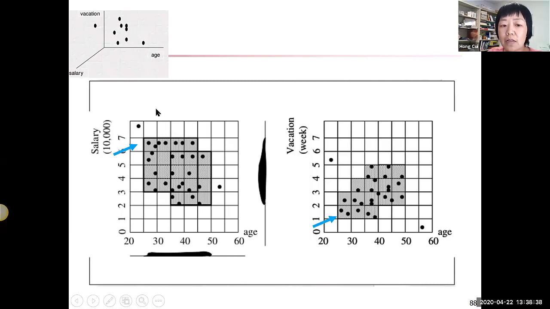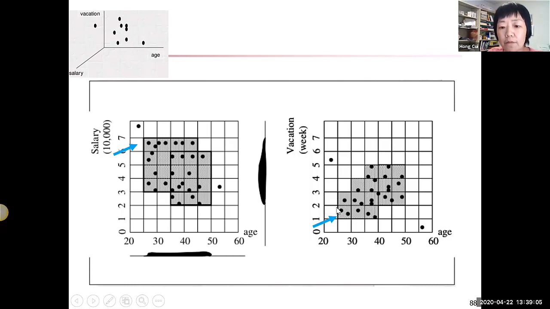It may not look exactly like this because for illustration purposes I just put dots there, but you get the idea. For vacation and age, if we shone a flashlight from this direction, the shadow is going to be projected onto the vacation and age dimensions.